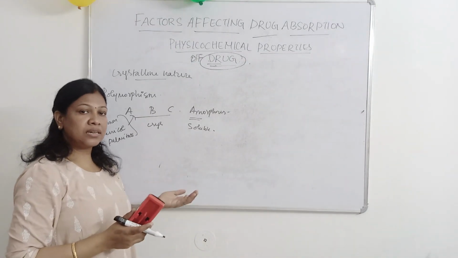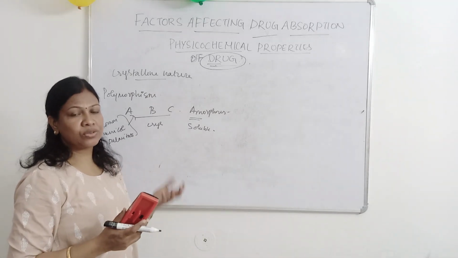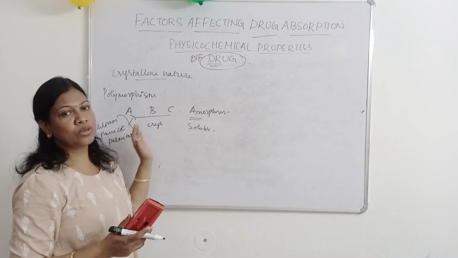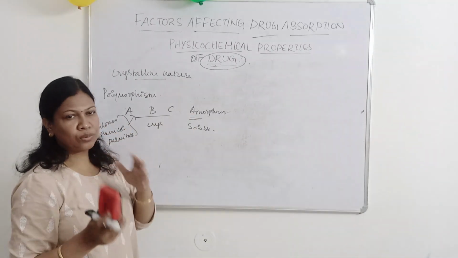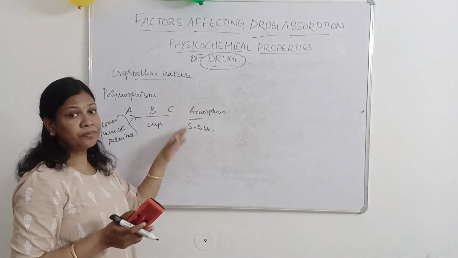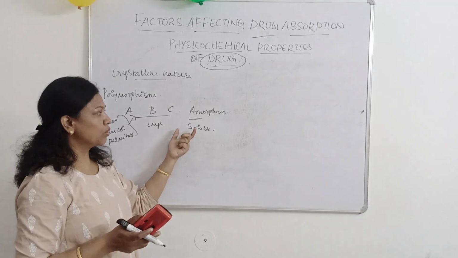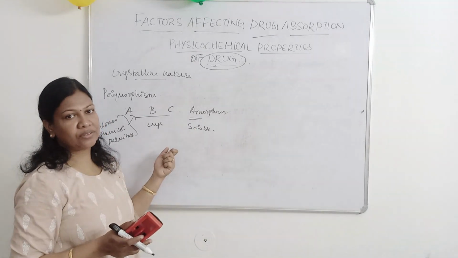When the drug is available in both crystalline and amorphous form, which form do we have to choose? The amorphous form. Why? Because the amorphous form is more soluble than the crystalline form. So the persons who are preparing for competitive exams, please note here. Many competitive exams include this question: which form is more soluble, amorphous or crystalline form?